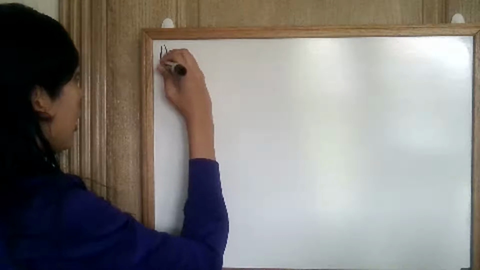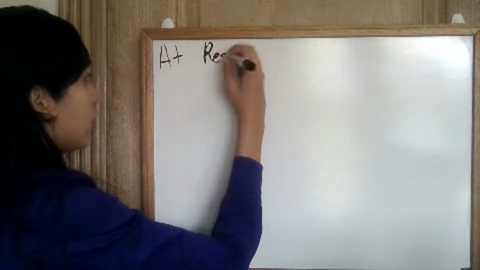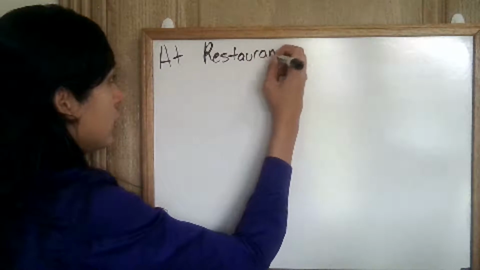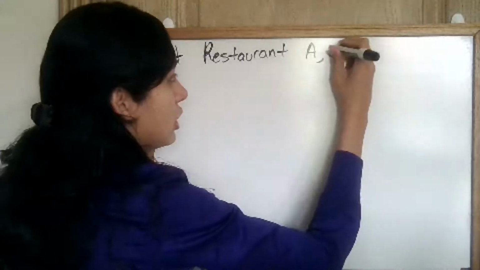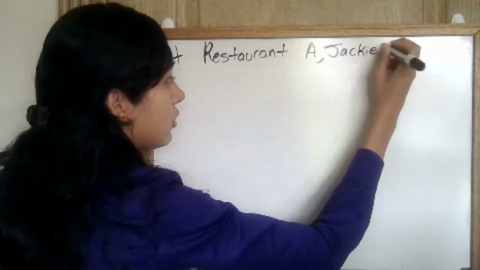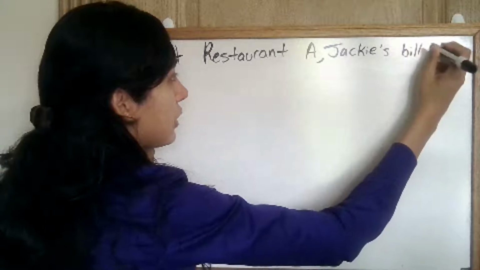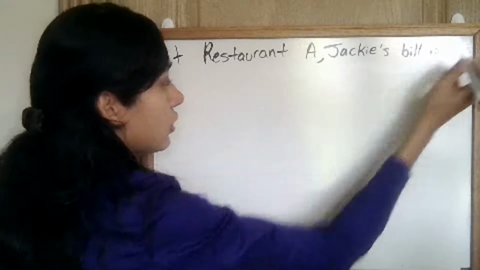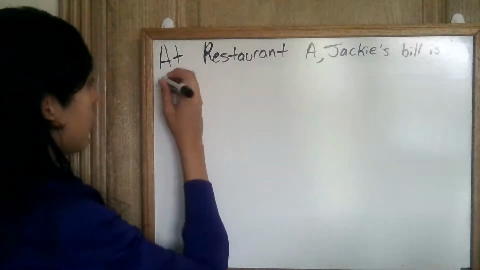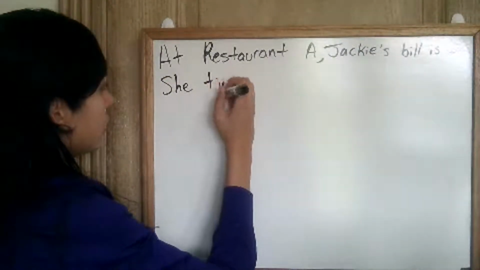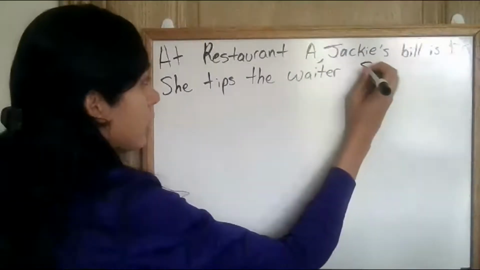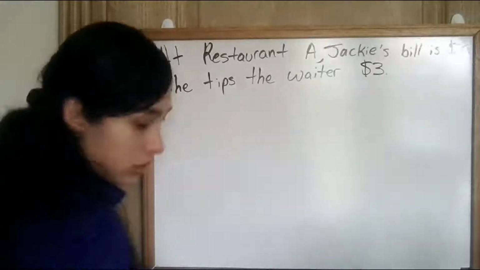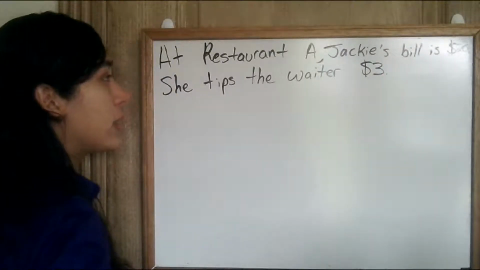Okay, so let's just say that at restaurant A, Jackie's bill is $20. She tips the waiter $3. I'm not saying that all waiters should be tipped $3.